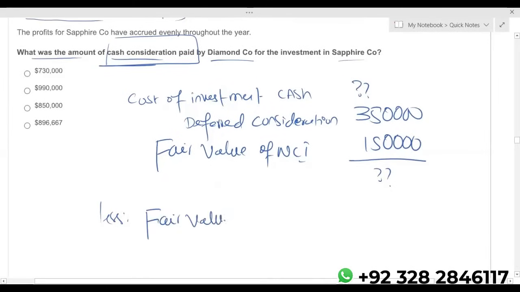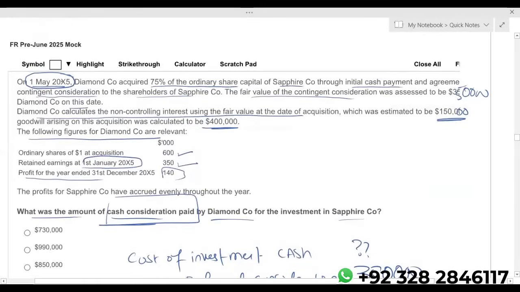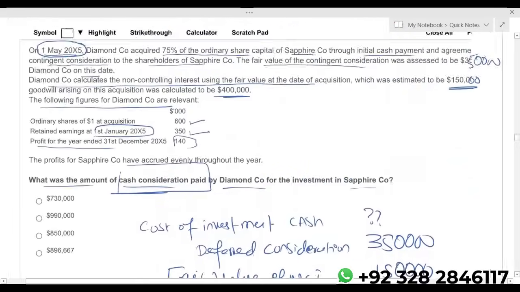Okay, less fair value of net assets at acquisition. And don't forget the acquisition date. Acquisition date is actually 1st May X5, okay? Net assets are equal to equity. Share capital of my subsidiary, they have given me 6 lakh.